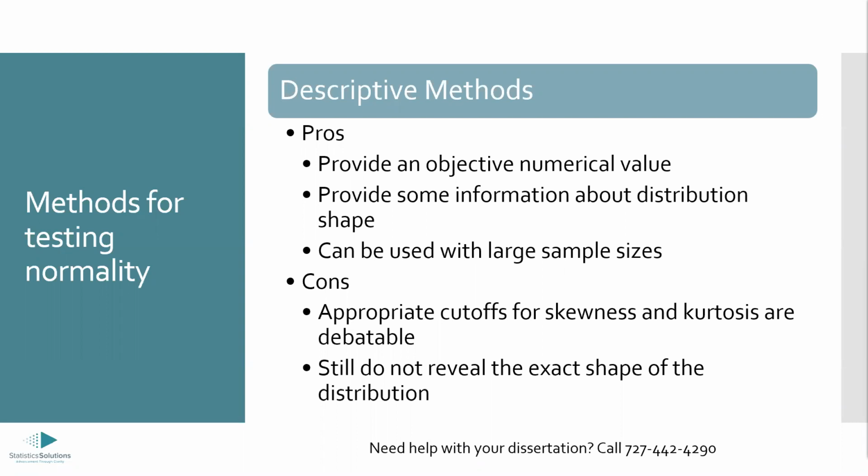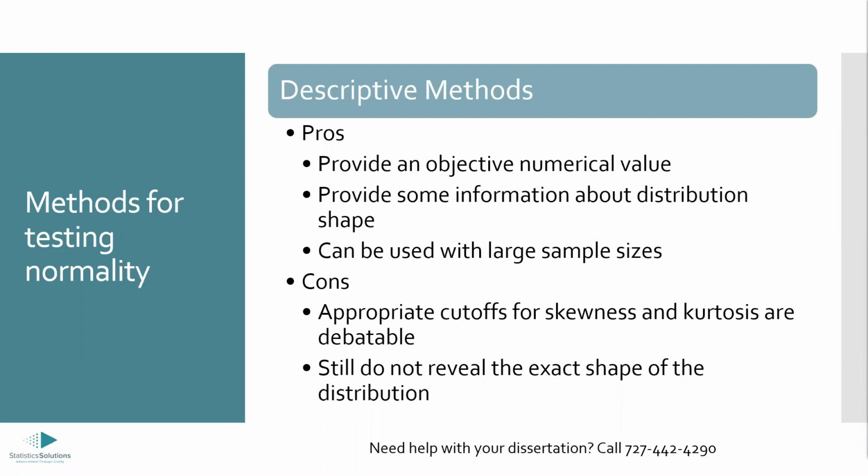It also can give us information about the distribution height, and about if outliers may be present. And as opposed to the inferential methods, these descriptive methods are useful even with high sample sizes. So you can still interpret the skewness and kurtosis and the mean and the median, even if you have a very large sample size. Whereas with the inferential tests, once we get to very large sample sizes, those results are a lot less meaningful.